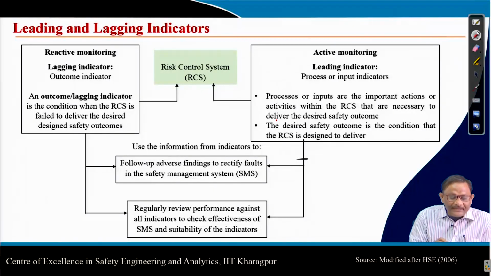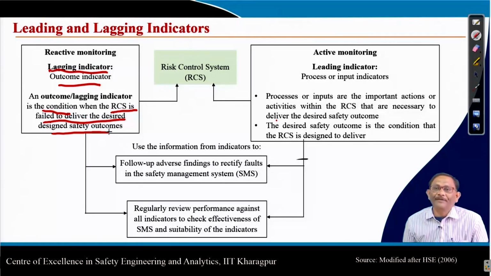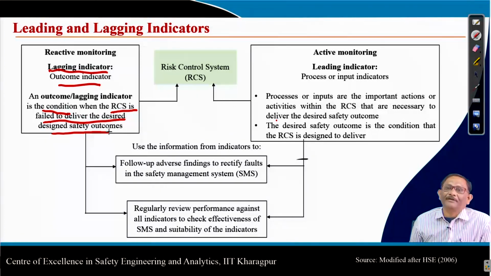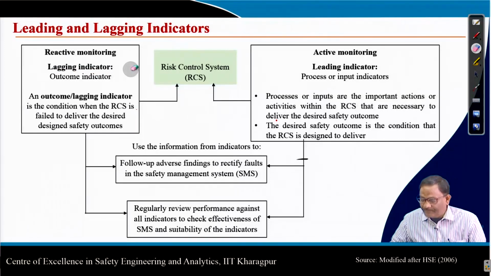And then for the lagging indicators, we say the outcome indicators. In the process model I explained. Here the outcome or lagging indicator is the condition when the RCS has failed to deliver the desired design safety outcomes. No deviation, that is the desired safety outcome, but your RCS has failed to deliver this. Here I have made a little modification to the lagging indicator definition given by the HSE, 2006.